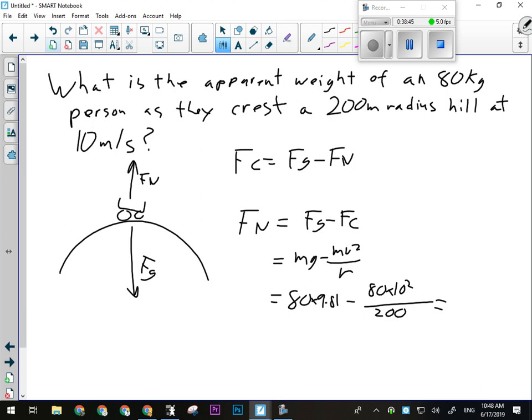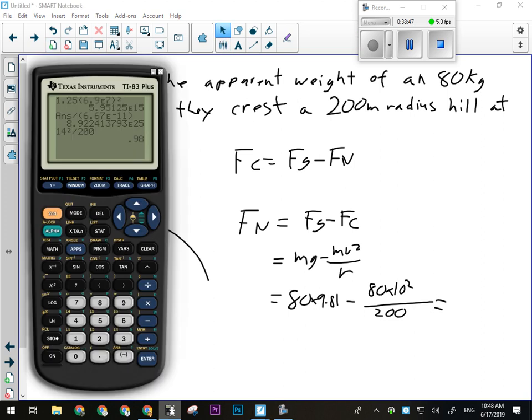So 80 times 9.81 minus 80 times 10 squared divided by 200. I don't think I picked very good numbers, but we'll see. All right, so 80 times 9.81 first, minus, I can't believe I just wrote in 80 times 10 squared.